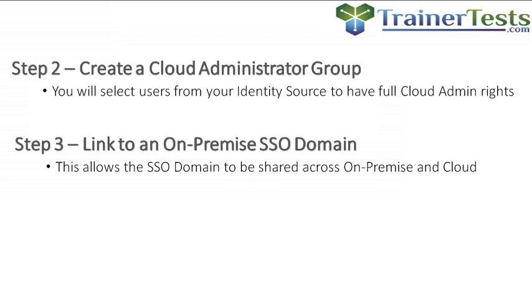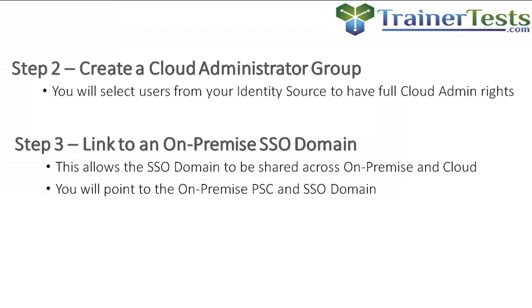This allows our single sign-on domain to be shared across our on-premise vCenter and our cloud vCenter. You will point the SDDC vCenter to an on-premise platform services controller and single sign-on domain.